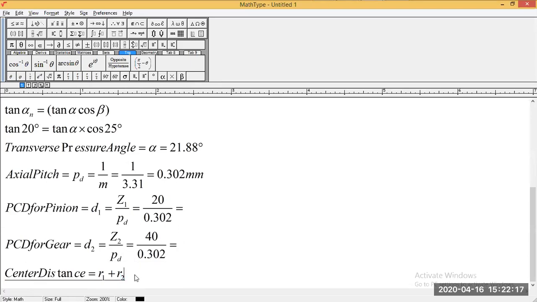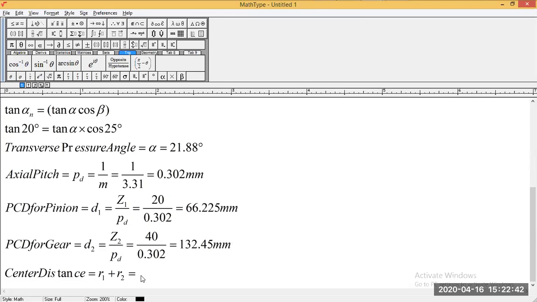Okay, so before that, we need the diameters. Let's find the diameters. So this is 20 over 0.302, which is around 66.245 mm, and for the gear it is 40, around 132.45 mm.